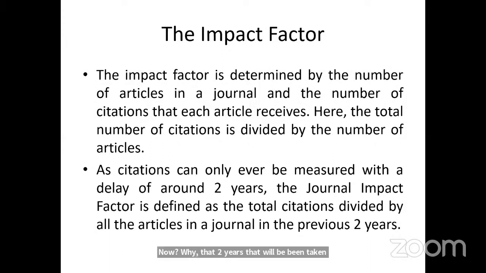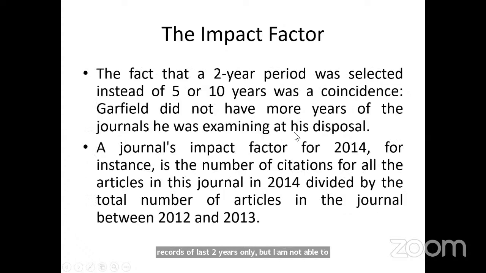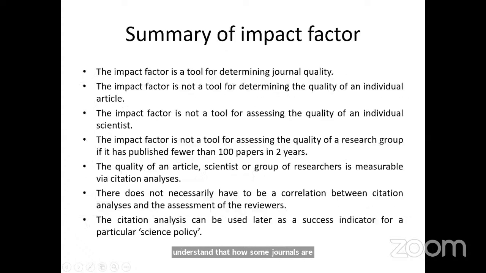This is the age-old practice which Eugene Garfield followed, and as he did not have a large database, only 2 years was available. That tradition has now become the practice that whenever we want to calculate the impact factor, we consider the records of the last 2 years only. But I am not able to understand how some journals are claiming an impact factor of 12, 13, 14. I don't know, but still.